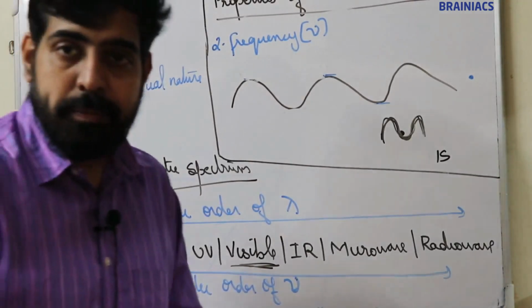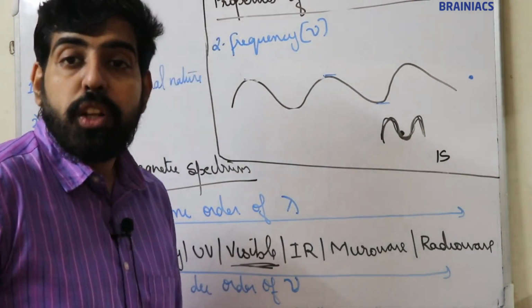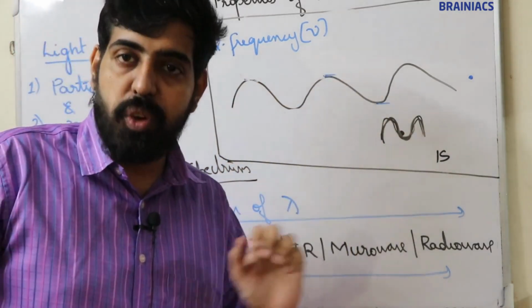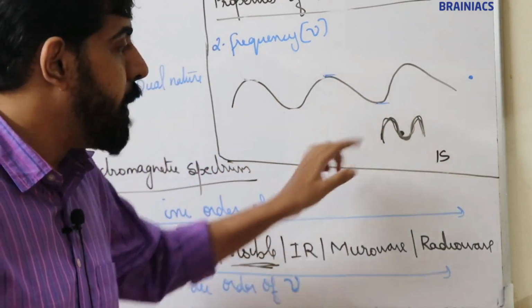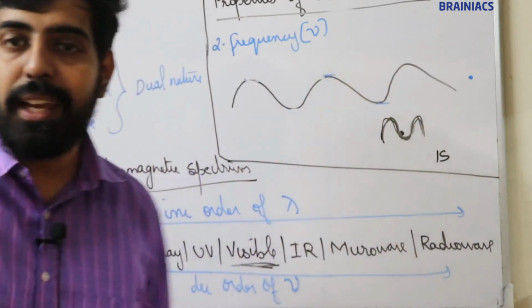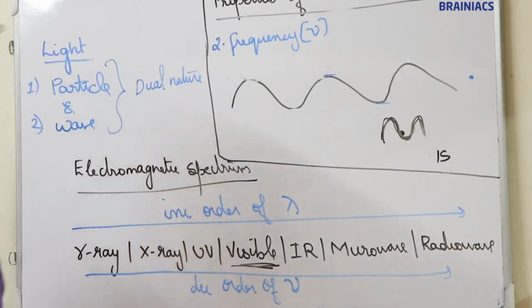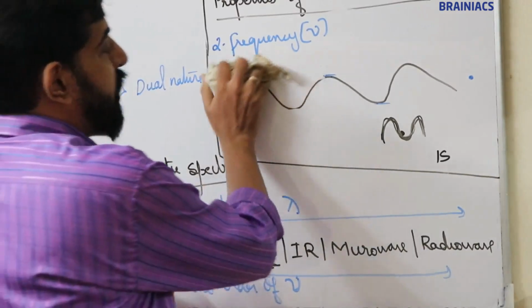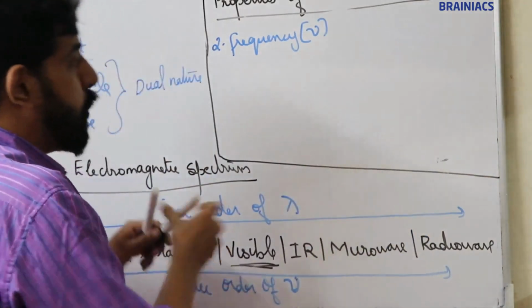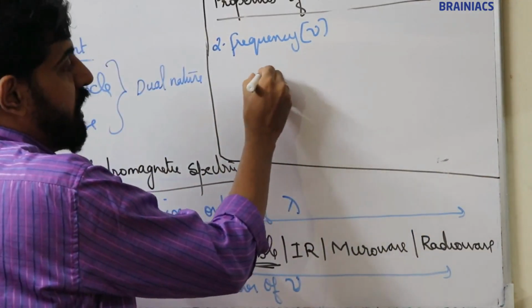So wavelength is the distance between two consecutive crests or two consecutive troughs. Frequency is the number of waves passing through a point per second. Now frequency and wavelength are inversely proportional.